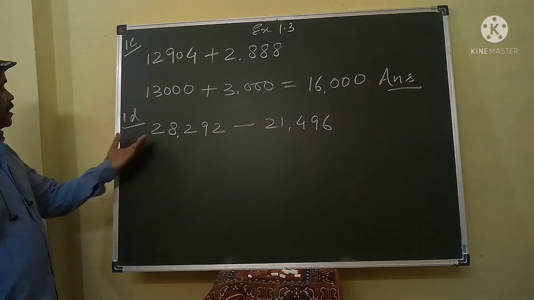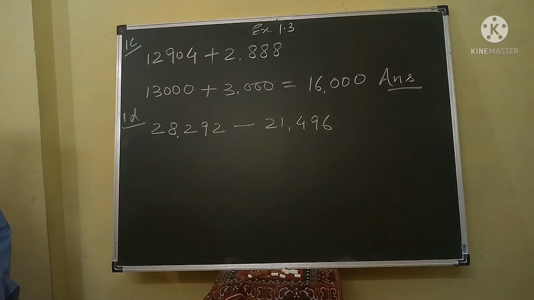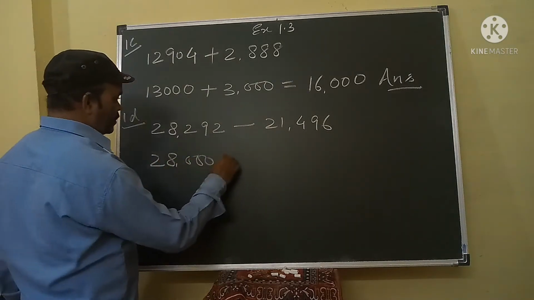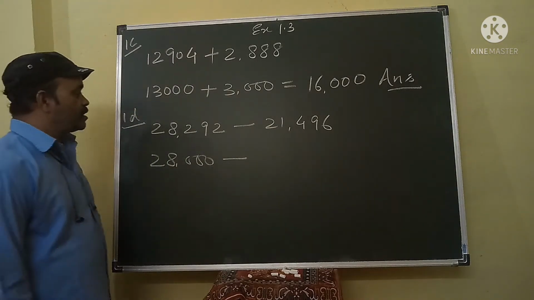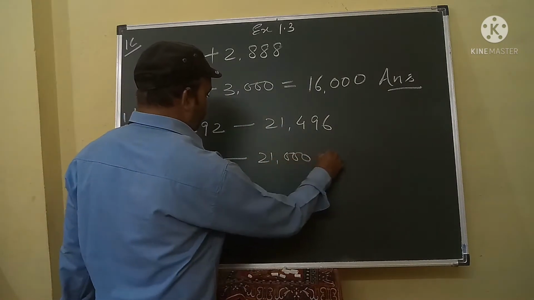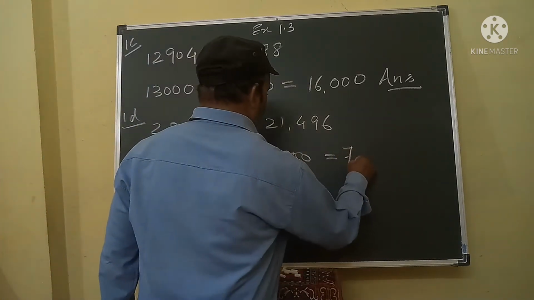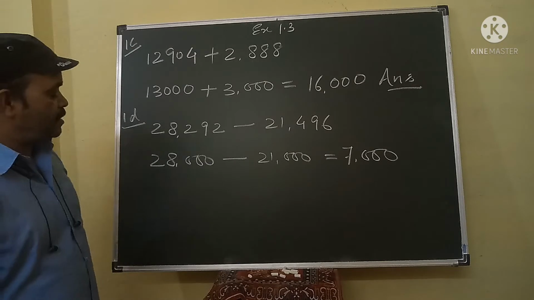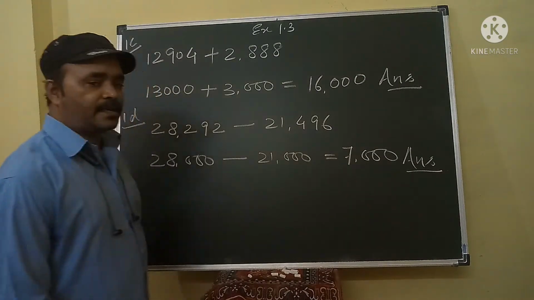As you know very well, 28,292 is nearest to 28,000, minus 21,496, which is nearest to 21,000. After subtraction, you will get 7,000. 7,000 is the required answer.